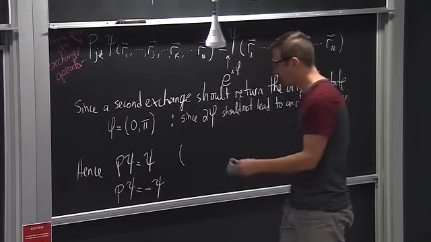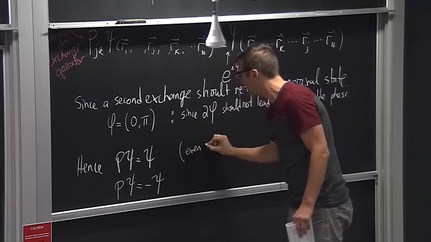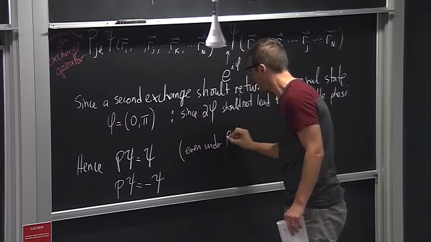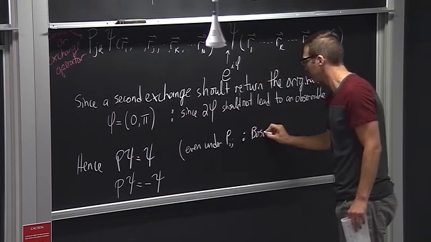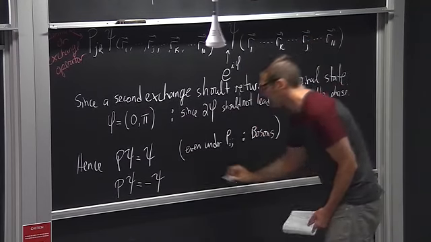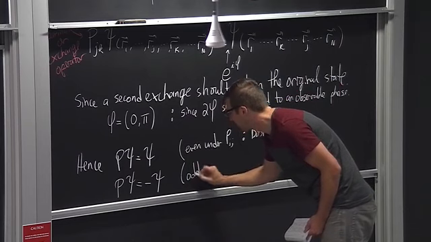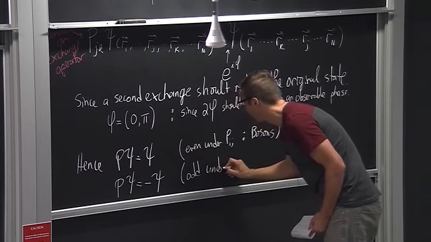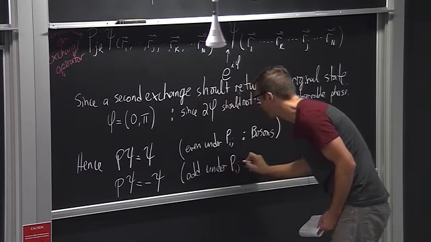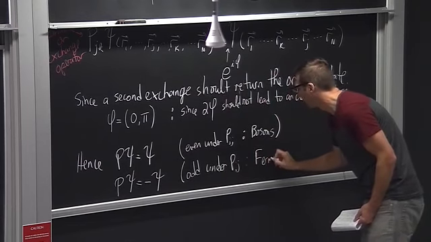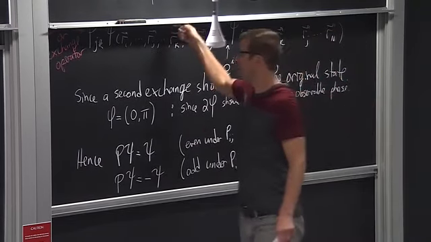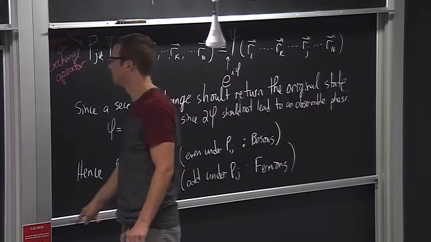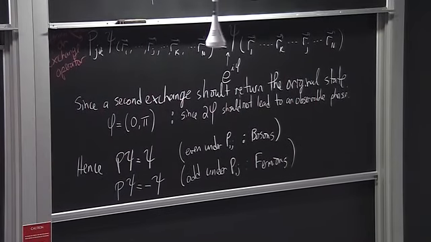This is even under permutation, and this is odd under permutation. And that's it, right?